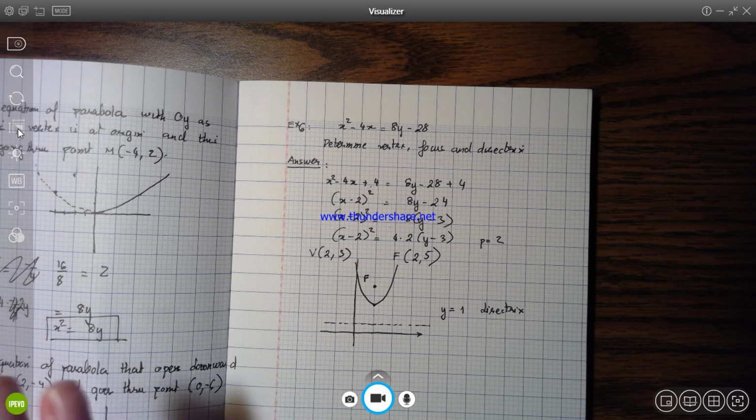So far we've been talking about vertical parabolas only. Now I want to talk about horizontal parabolas. The difference between the horizontal parabola and the vertical parabola is that you just need to switch between x and y. In a vertical parabola, variable x has the highest, second power.